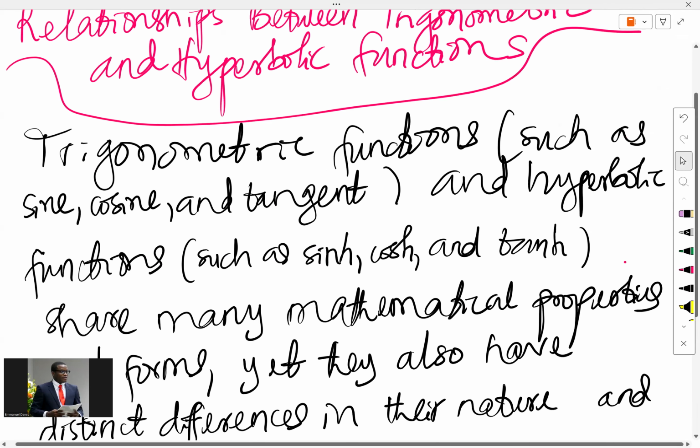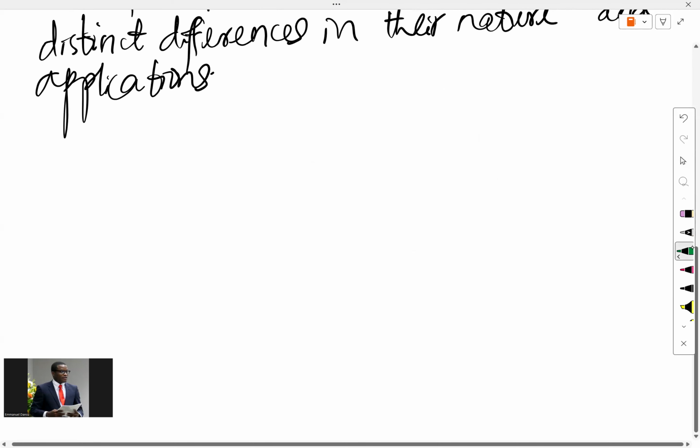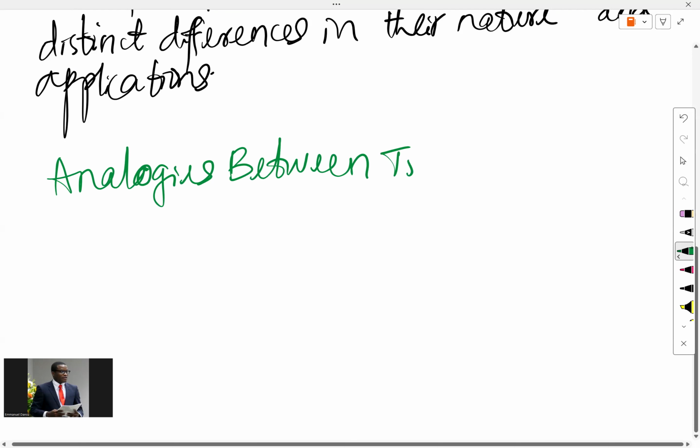Okay, so having established that, let's talk about analogies between trigonometric and hyperbolic functions.